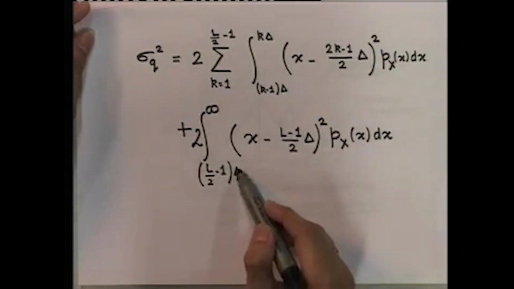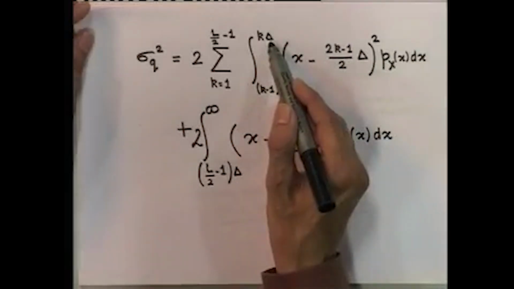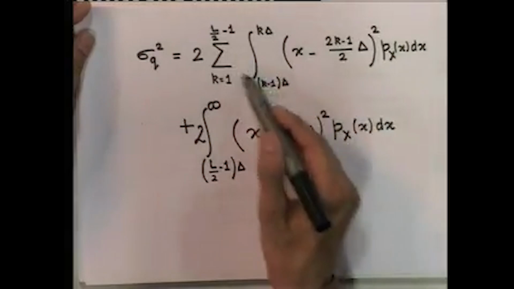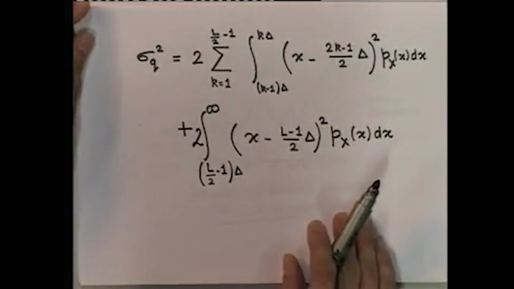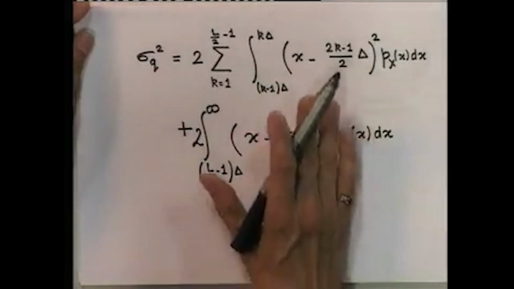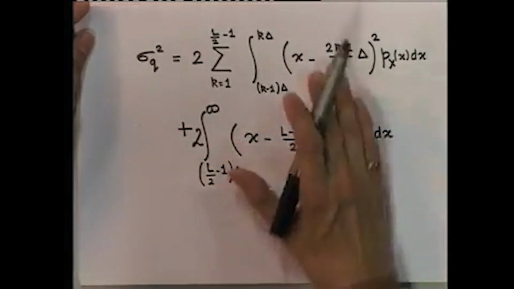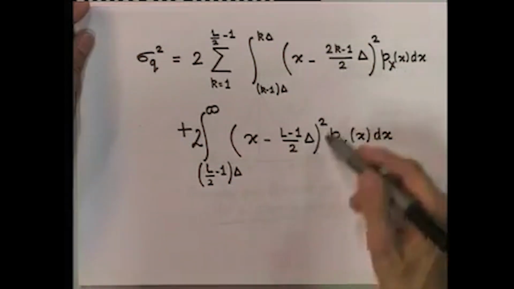However, an increase in delta will also increase the granular noise, which is the first term in this equation. So, the design process for the uniform quantizer is a balancing of these two effects.